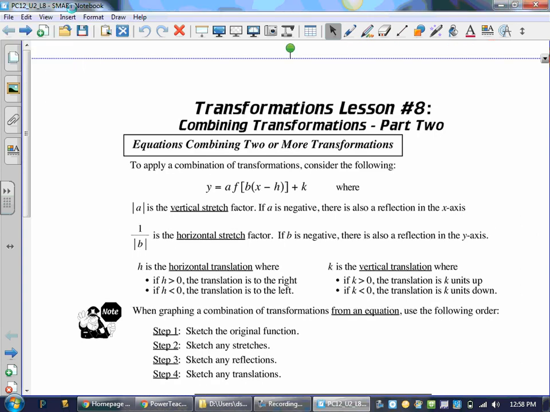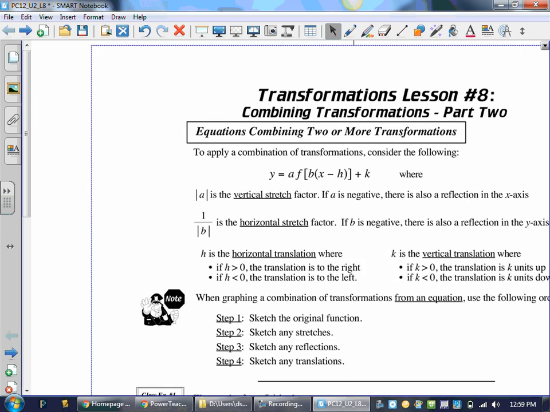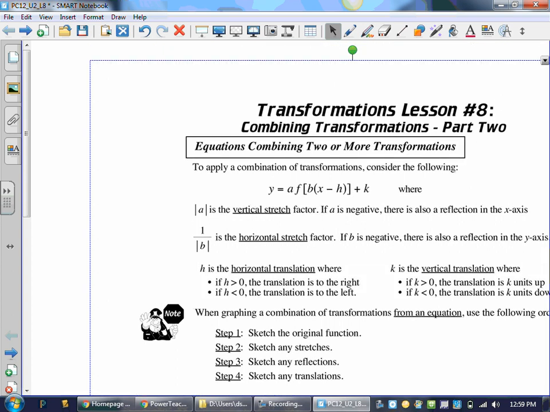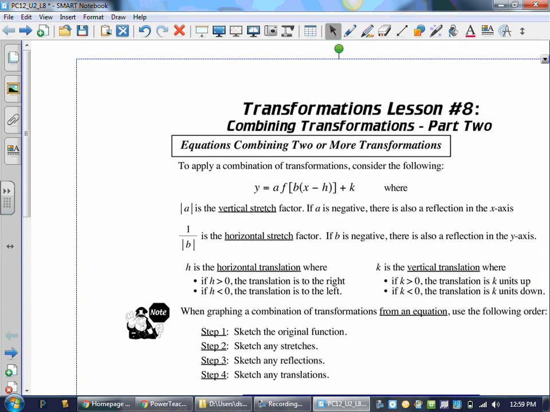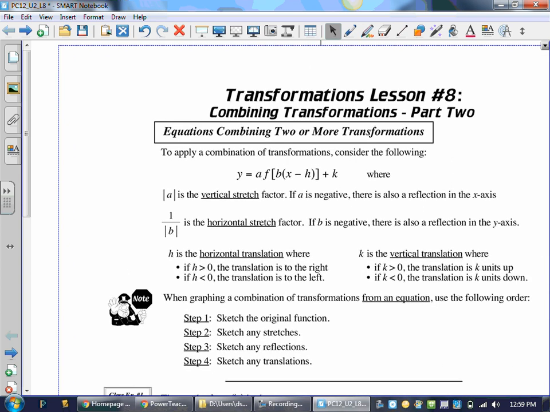Okay, lesson 8. We're going to do it some more, and we're just going to follow this. Now, I told you yesterday that you needed to make sure you factored out the number in front of the x, which is so important.